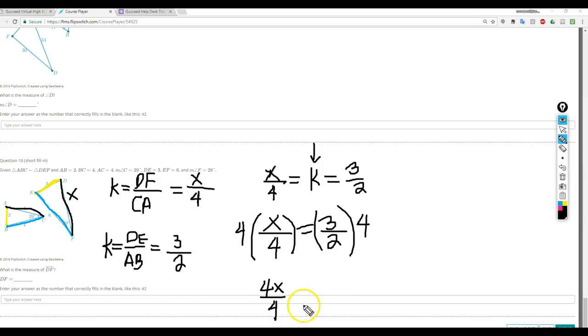Equals 3 times 4 is 12 divided by 2. And 4 divided by 4 is 1. So then we have 1x equals 12 divided by 2 is 6. So we have that our side length DF is equal to 6.